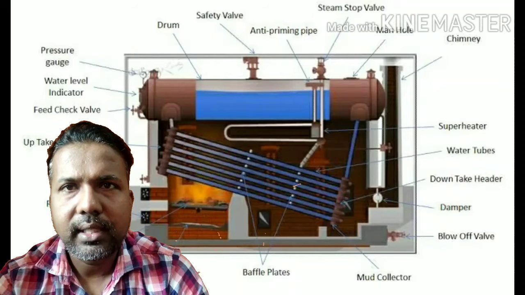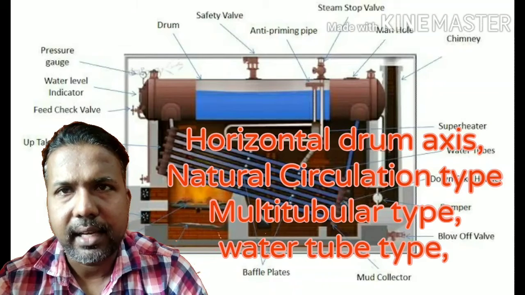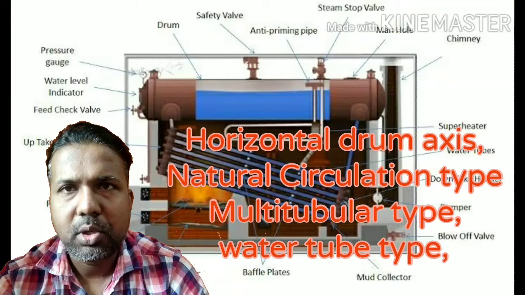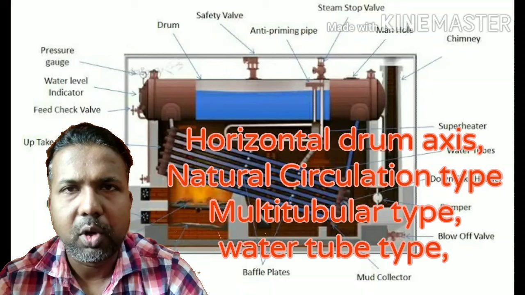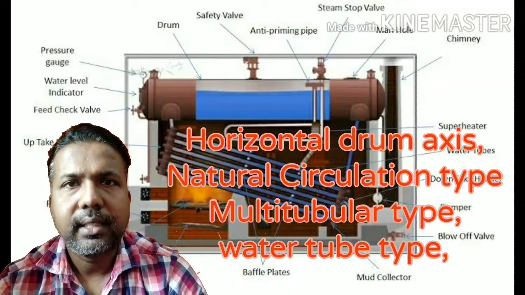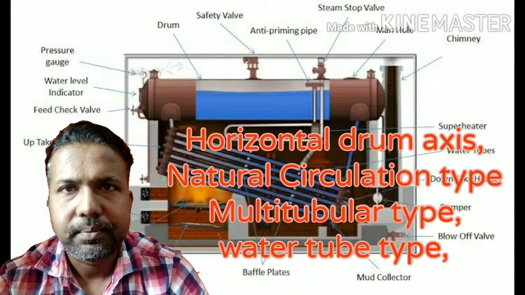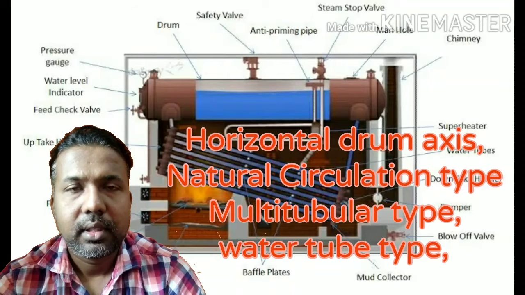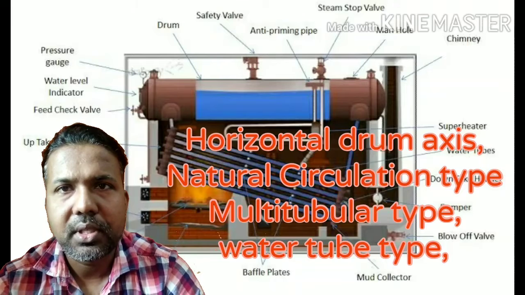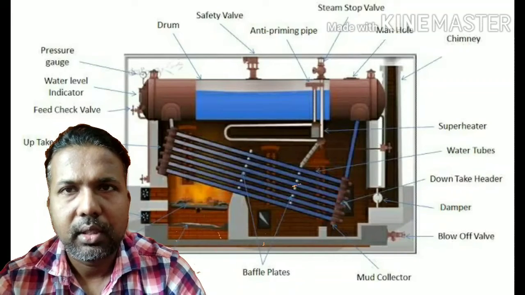It is a horizontal drum axis type, natural circulation type boiler. It is a multi-tubular boiler having a number of tubes. It is a stationary type boiler. It is a high pressure boiler. Solid fuel is used for combustion.